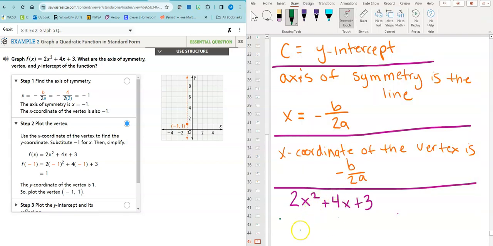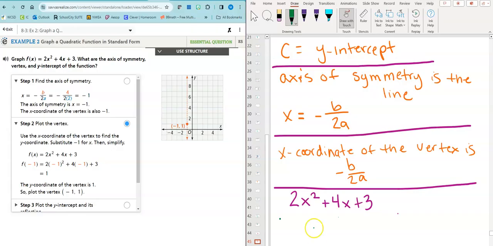So I'm going to do 2 times negative 1 squared plus 4 times negative 1 plus 3, and that is going to give me my f of x, or in other words, my y value.